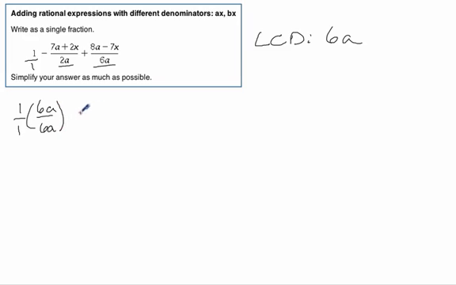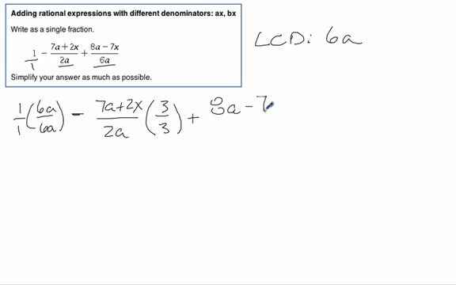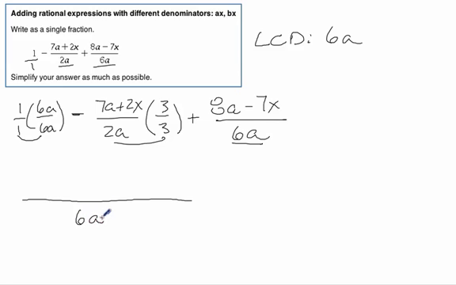And then it's going to be a minus 7a plus 2x all over 2a times 3 over 3. And then this last term, 8a minus 7x over 6a, doesn't have to be changed. Okay, so here we're going to get a 6a, here we're going to get a 6a, and here we've got a 6a, so the whole thing can go over 6a.